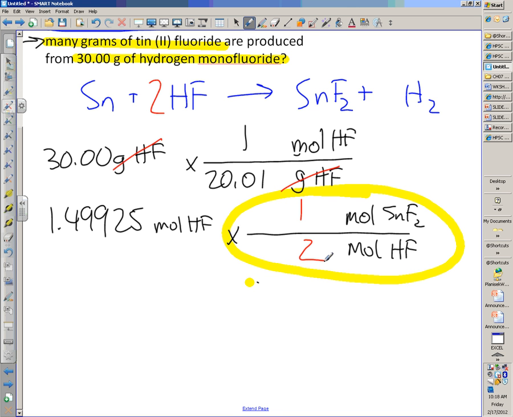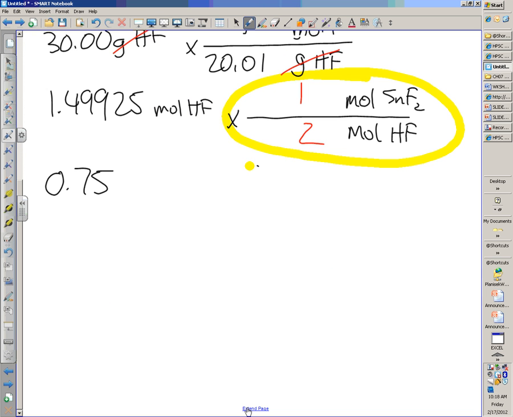Everyone see where I got that from? Yes. Okay. And then that turns out to be somewhere around 0.75-ish. 0.7496. That's good enough. And math-wise, these moles cancel, so we're left with moles of tin 2 fluoride.